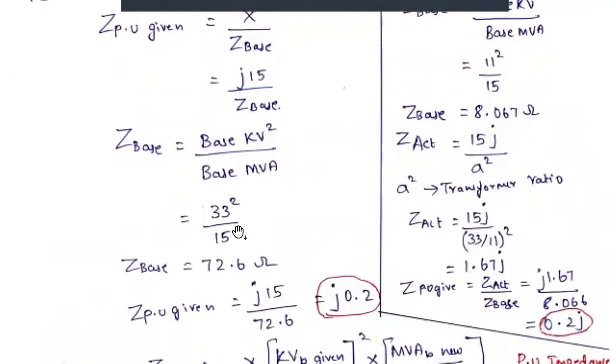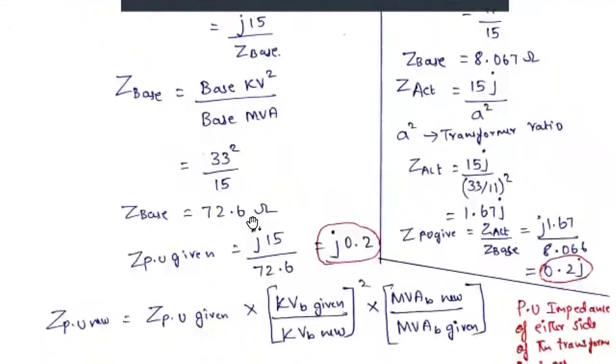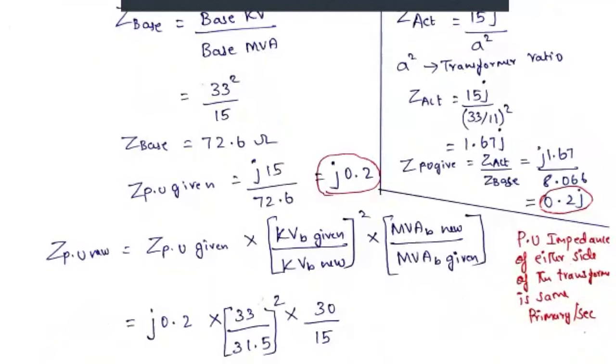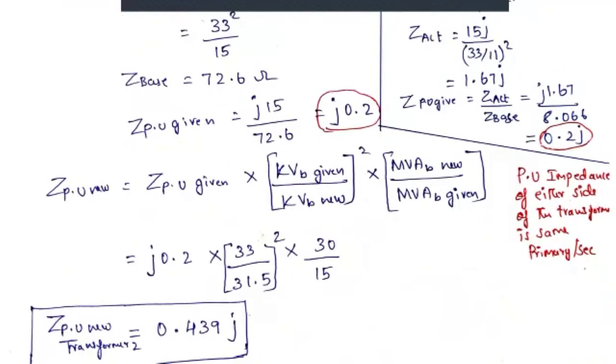I think in the transformer one we calculated KVB new as 31.5. Once again, if you want to do the calculation, you do, the same value will come. So 31.5 KVB new, into given value of 15 MVA in the transformer rating, base value new is 30 MVA. Just calculate it, you will get 0.439 J. That is Z per unit new for transformer 2.